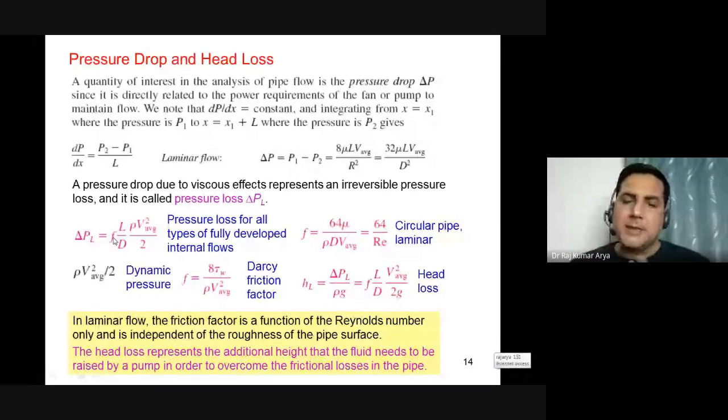This is the general correlation: delta P equals f, a friction factor, L upon D, rho V square upon 2G. Okay. So this is the general formula of pressure drop given by Moody. Moody is the name of the scientist, and Moody or Darcy.